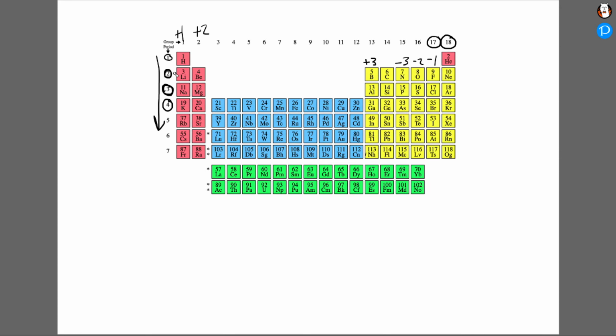Hydrogen has 1, lithium has 2, and sodium has 3. So for sodium, its valence electron is the farthest away from its nucleus. Hydrogen's valence electron is the closest. And so hydrogen is going to have a stronger hold on that valence electron than lithium is, and lithium is going to have a stronger hold on its valence electron than sodium is.